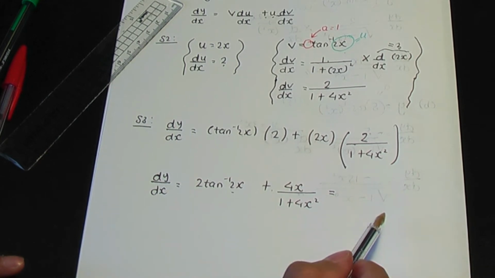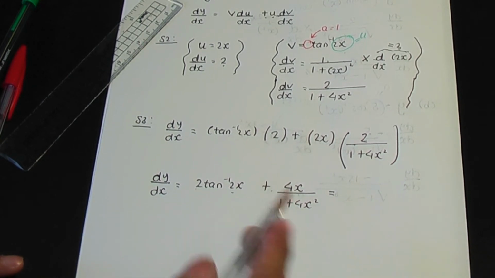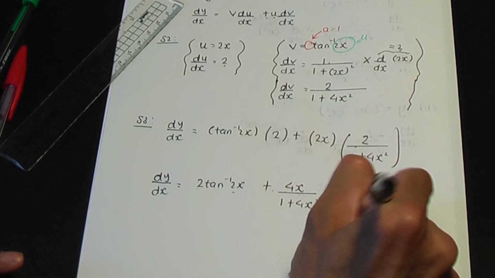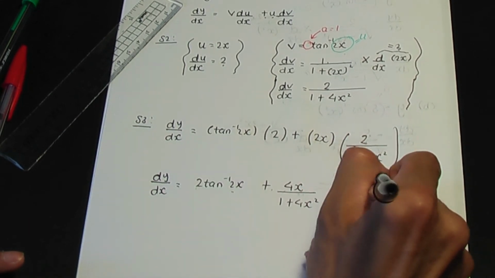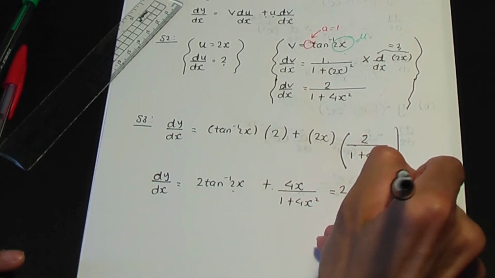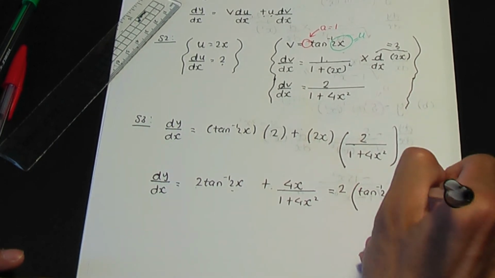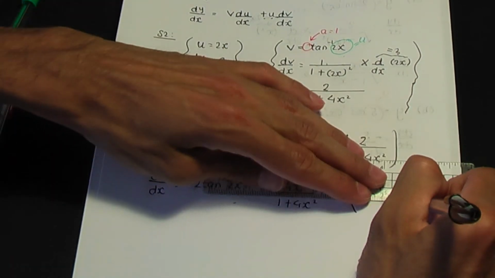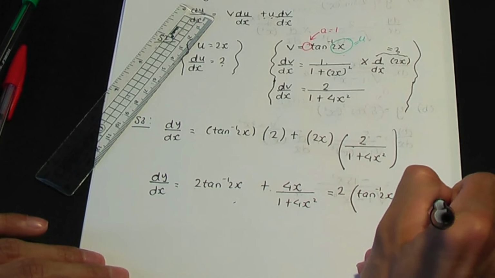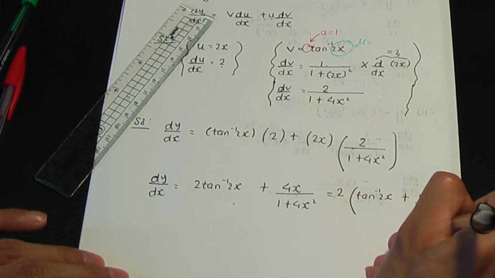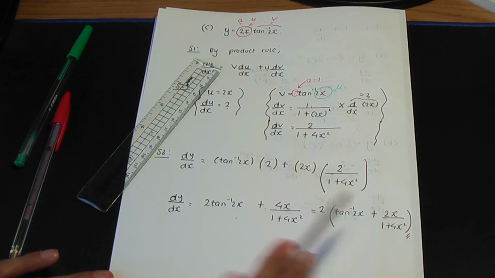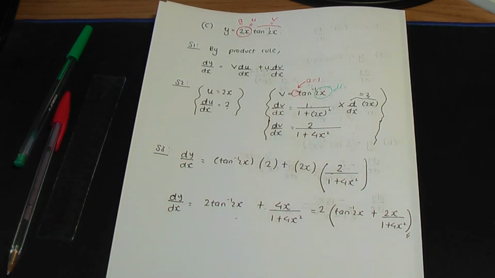And you could go one stage further. If I take a common factor of 2, I'm going to be left with tan inverse 2x plus 2x divided by 1 plus 4x squared. Okay, so that should be the solution to part C.